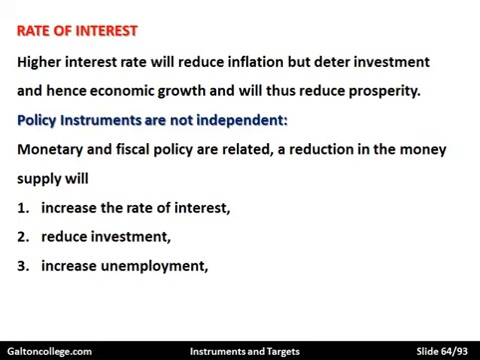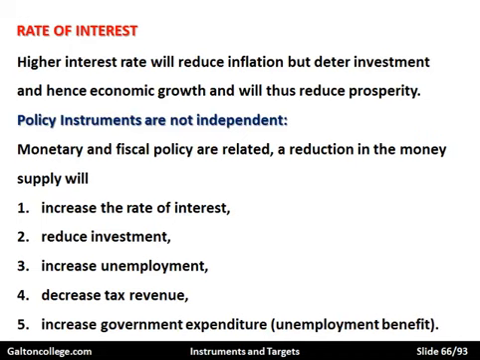A reduction in investment could lead to an increase in unemployment because fewer people are needed because there's less investment, and a decrease in tax revenue, and thereby increase government expenditure. So an increase in unemployment decreases tax revenue and increases government expenditure on unemployment benefits. So the monetary and real economies, the fiscal economy, are linked.